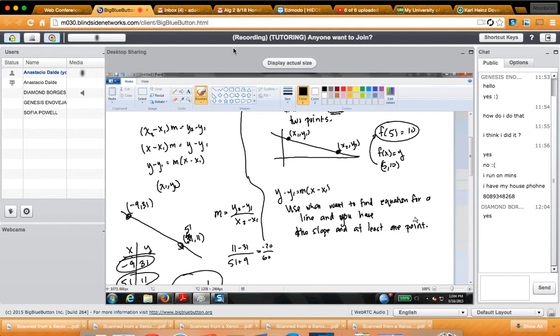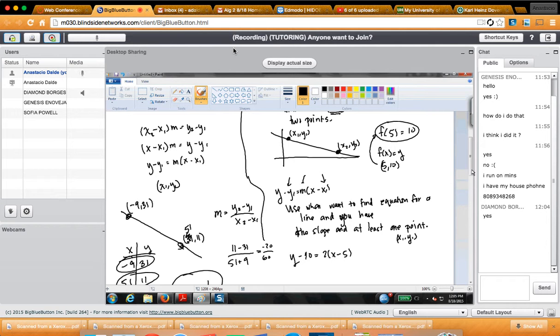Okay, so you use this equation when you have at least one point and the slope, when you're given the slope or you calculated the slope already, and you have an x1 and a y1, the coordinates of your one point. Got it? Then you take that information and plug it into this equation. So you have like y minus 10 equals 2x minus 5 or something like that. I'm just making this up.